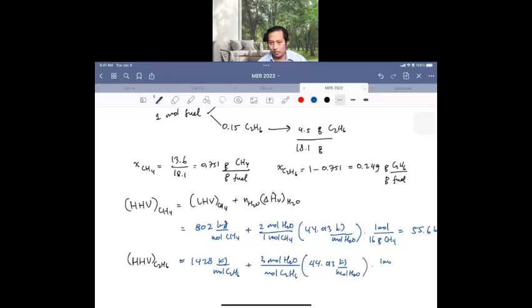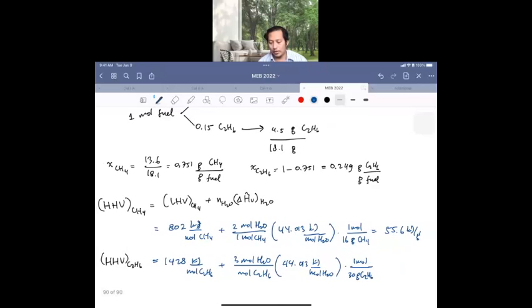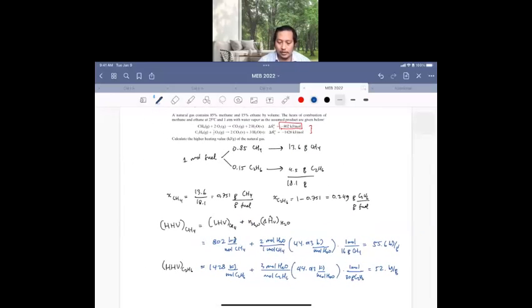And 1 mole divided by 30 grams, the molecular weight, 86, and then this will be 52 kilojoule per gram. So we have each higher heating value, for methane and ethane.